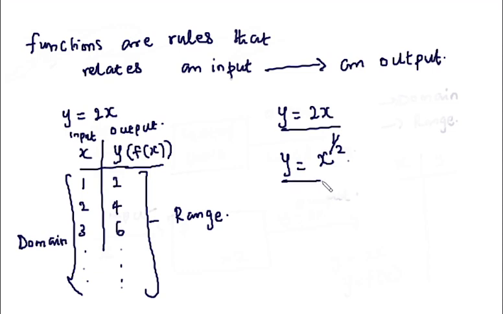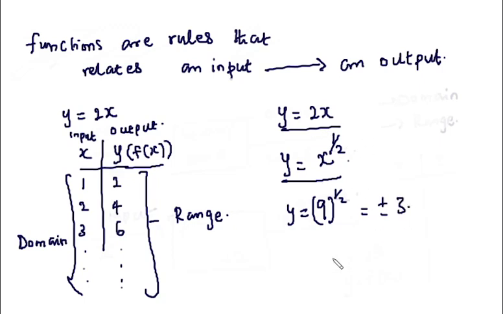This is a function, but this is not a function. Okay, why? Because if you take the square root of the value of x, you could get two possible values for y. So let's say you plug in 9 for x, the square root of 9 could be plus or minus 3.